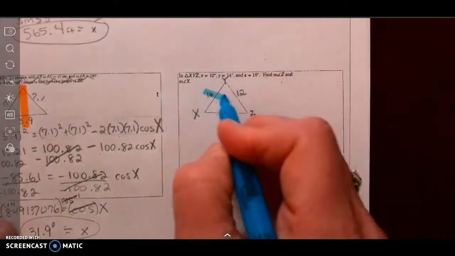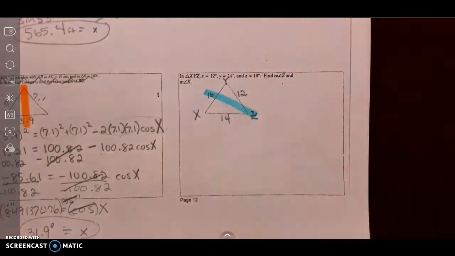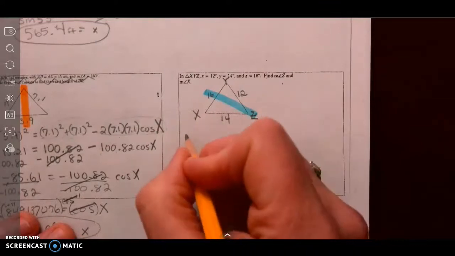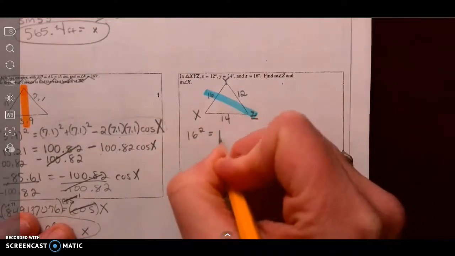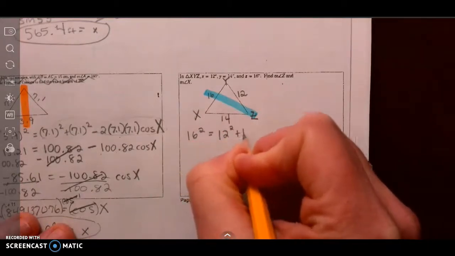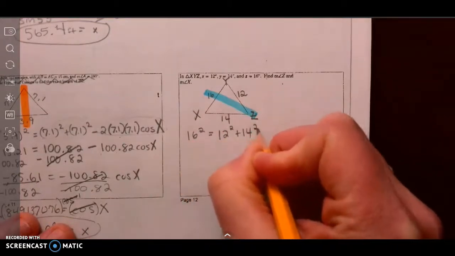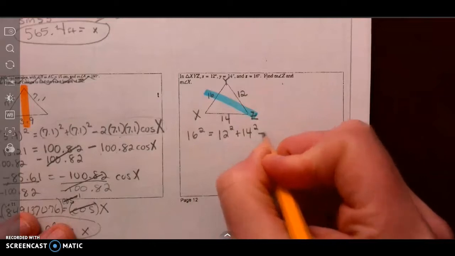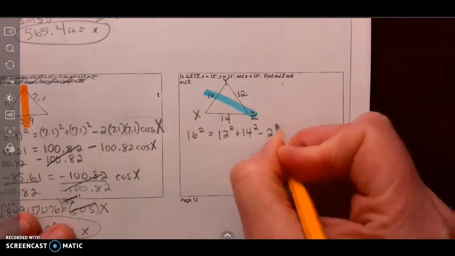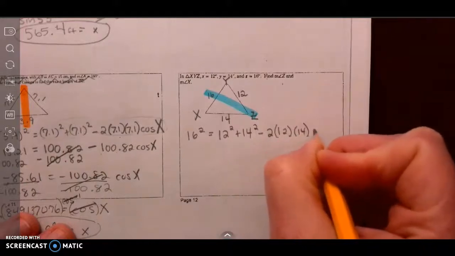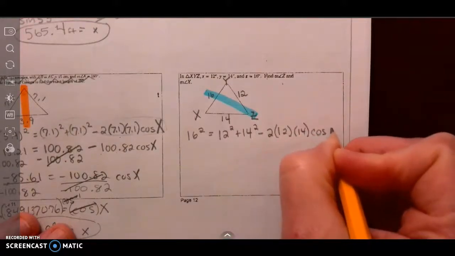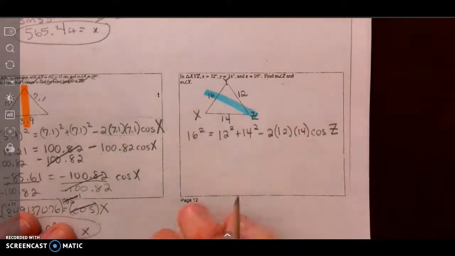So this is the one that I want to find. It's that one right there, which means I'm going to say 16 squared is equal to the other sides squared, minus 2 times 12 times 14 times the cosine of z.